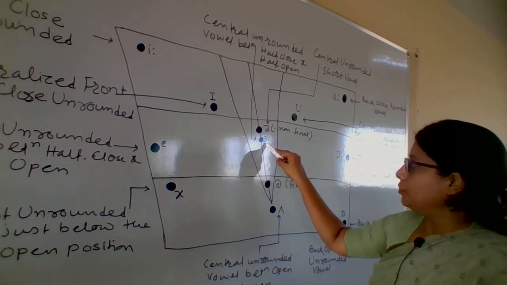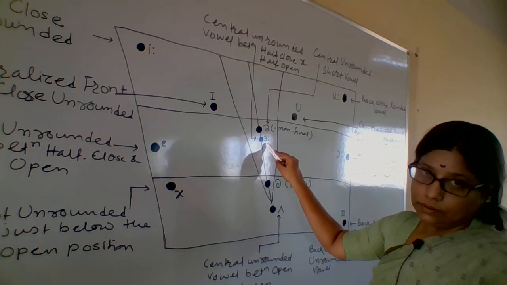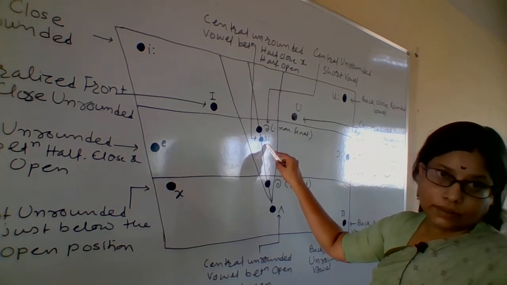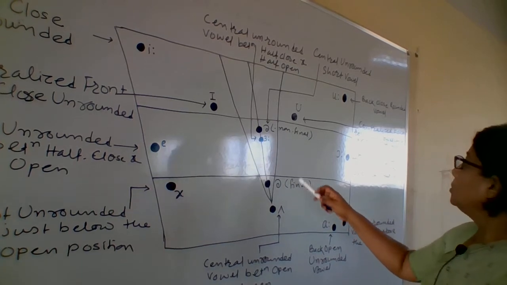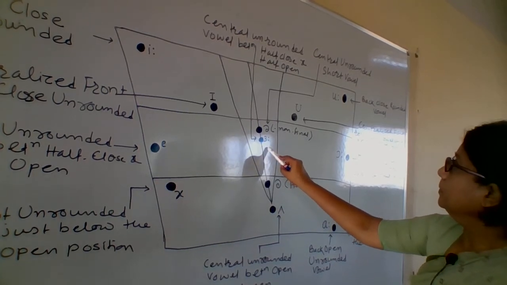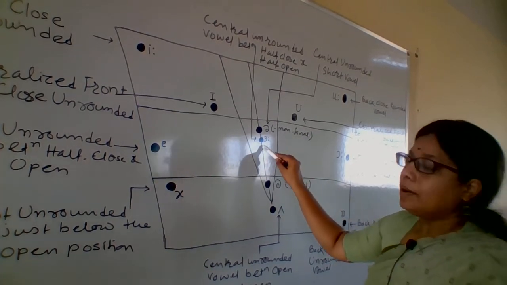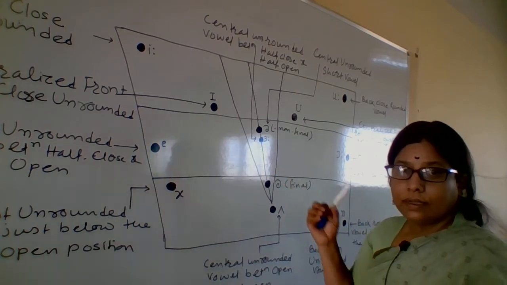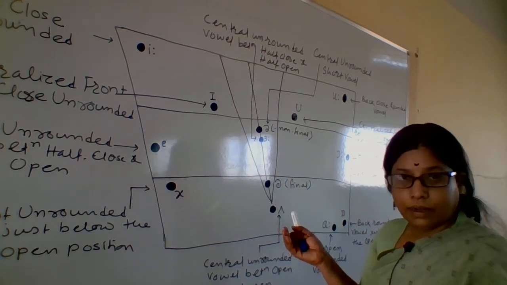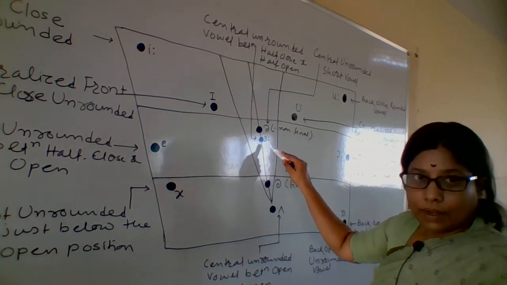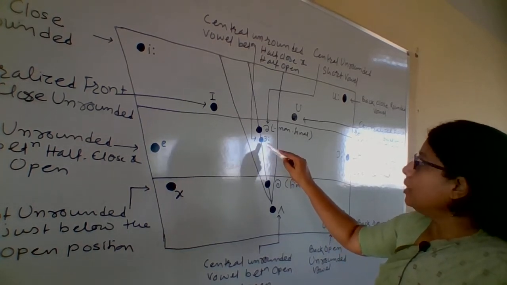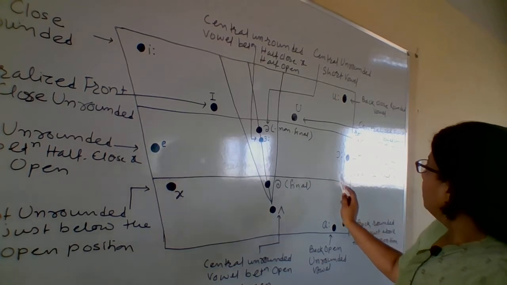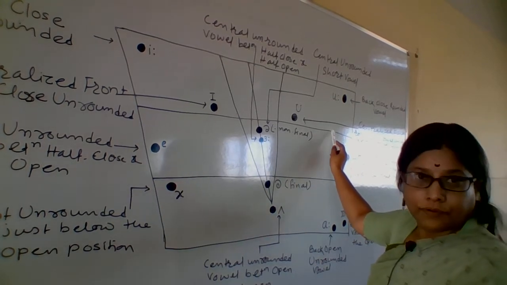Then we have this one, that is long O, okay, as in bird, as in shirt. So, this is long O. Central part of the tongue is raised, lips are unrounded. So, it is a central unrounded vowel, and the tongue is raised to a height between half open and half closed positions.